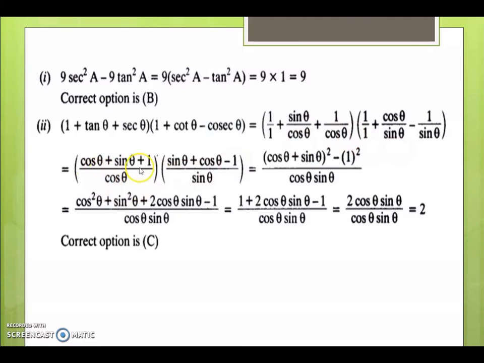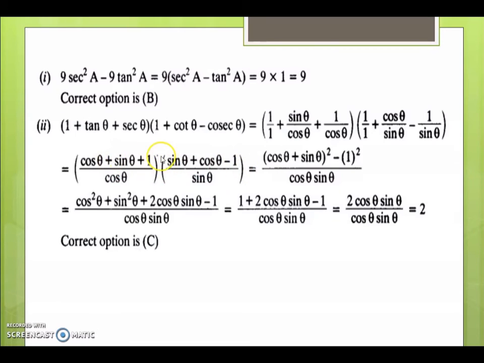So all I have expressed in terms of sin and cos. Then I have taken the LCM. For the first bracket, LCM will be cos theta. So I will get numerator as cos theta plus sin theta plus 1 divided by cos theta. Second bracket, the LCM will be sin theta and numerator will be sin theta plus cos theta minus 1.